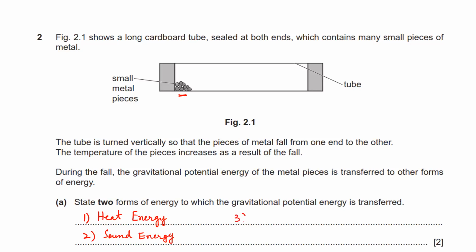And number three, the particles will fall under the effect of gravity, and that changes the gravitational potential energy to the kinetic energy of the metal pieces. Okay, so these are our three forms of energy. Any two forms you mention will be fine for your complete credit.